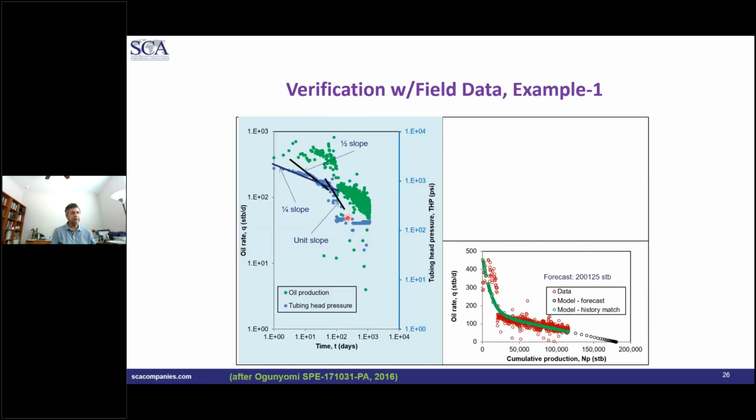Here is real field data from the Bakken play. I'll not spend too much time on the early time data. Here we get a unit slope response, and this is the pressure response. This is the flat response, which reflects the installation of a Chakarot pump about 100 days into production.